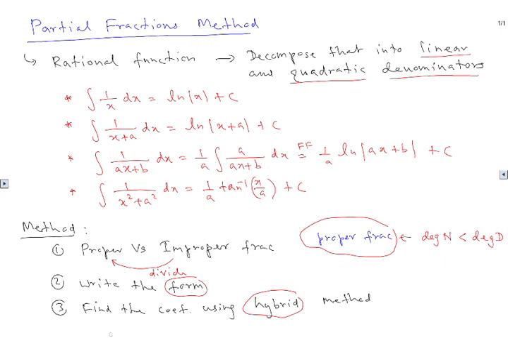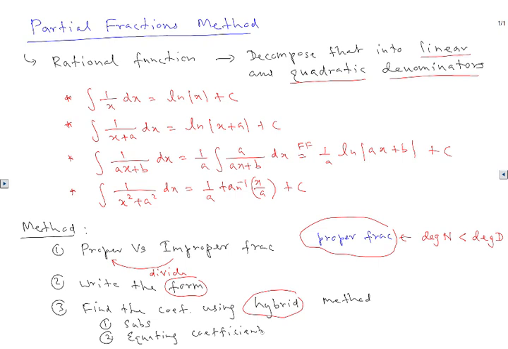What's the hybrid method? First we use substitution, and then second we use the equating coefficients technique.